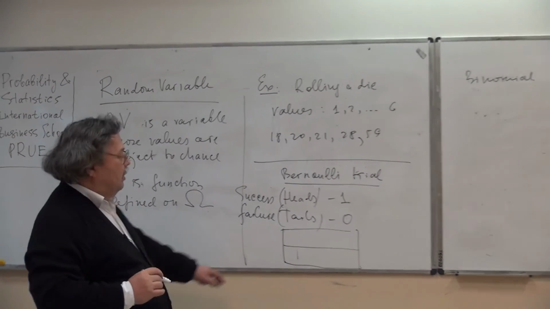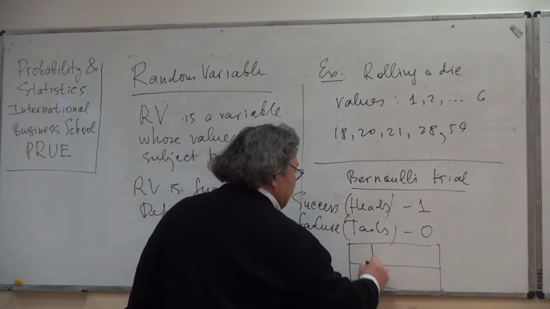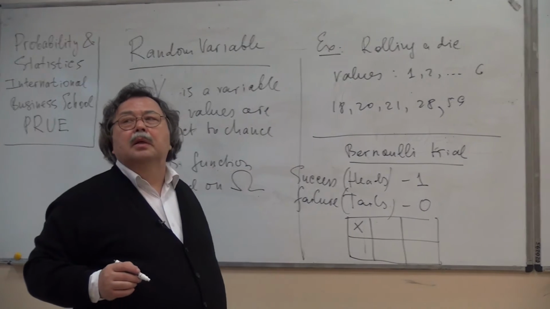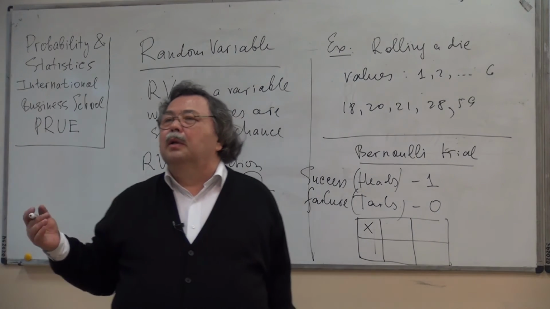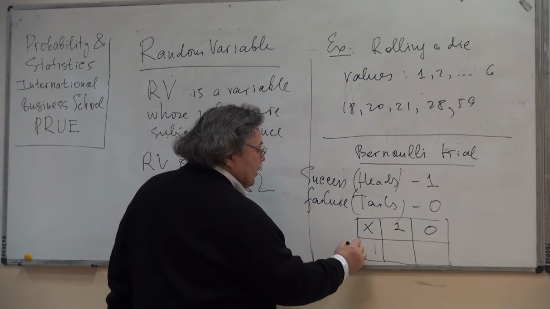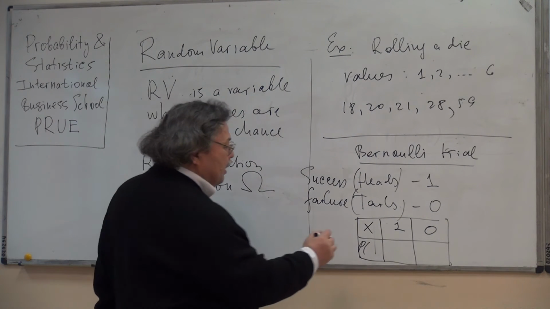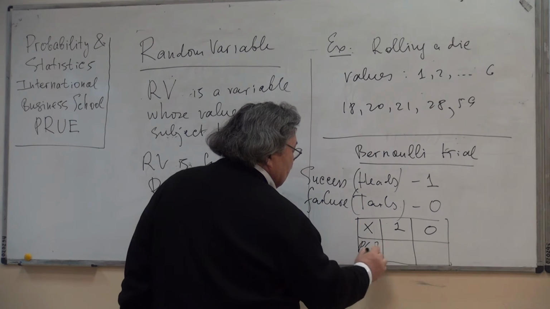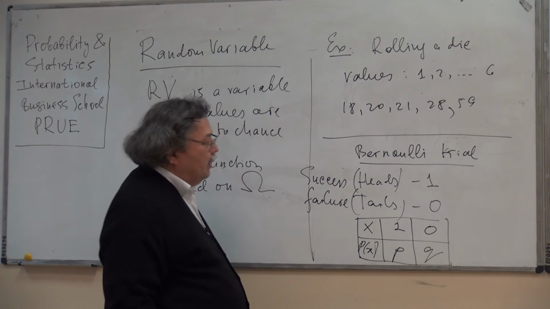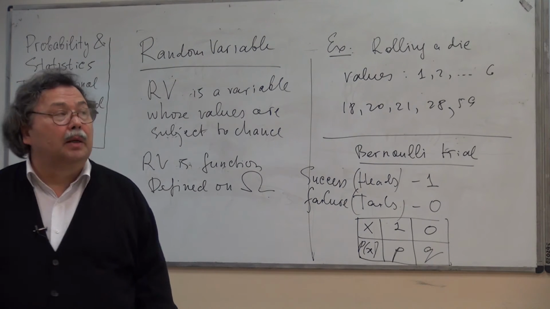So first, we list the two values that this random variable can take on: 1 and 0. And then we enter the corresponding probabilities. It's p for success and q for failure. And this is a complete description of this random variable.